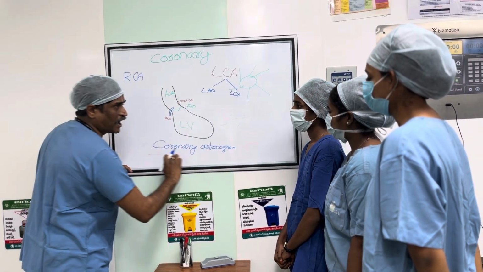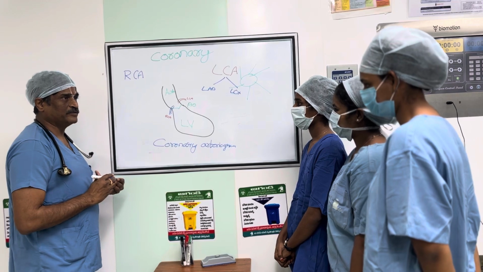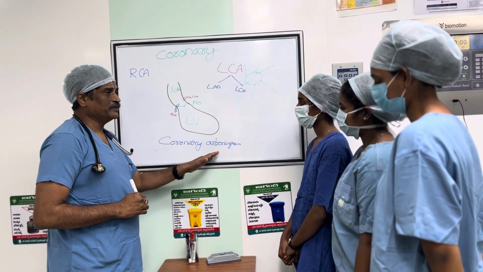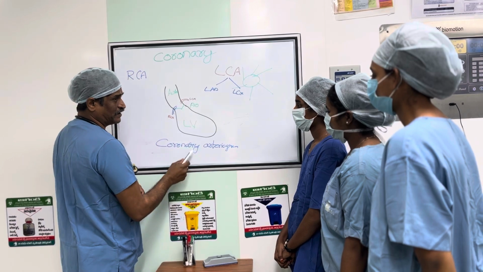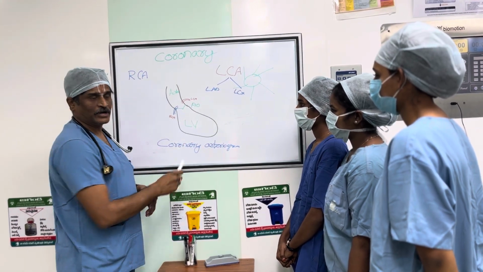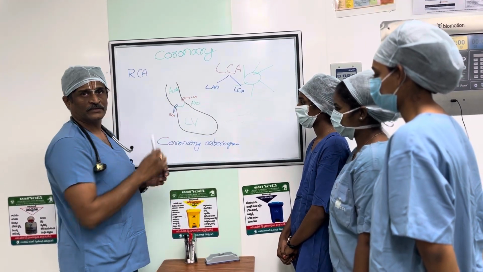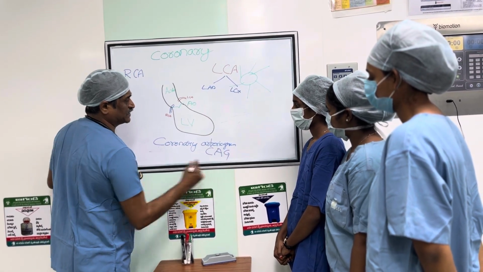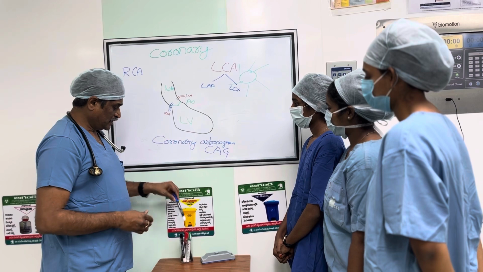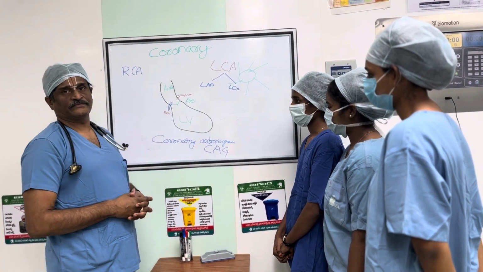Otherwise, angiogram. Angio means blood vessel, arterio means arteries. Whether disease is present in the coronary arteries or not is diagnosed by doing a coronary arteriogram. Usually we abbreviate it as CAG. This is done by our cardiologist colleagues.